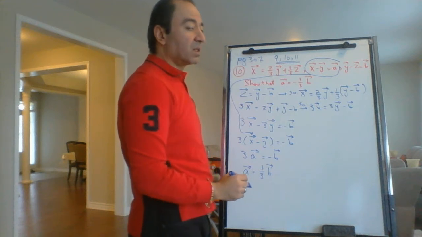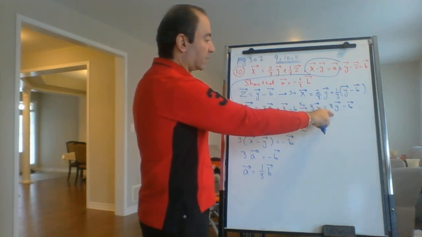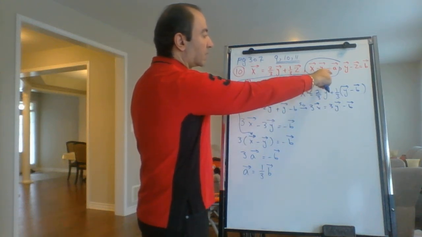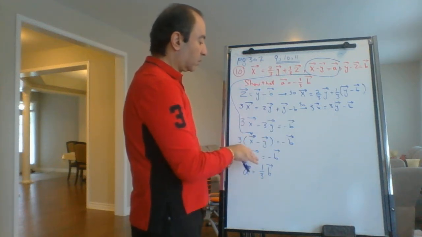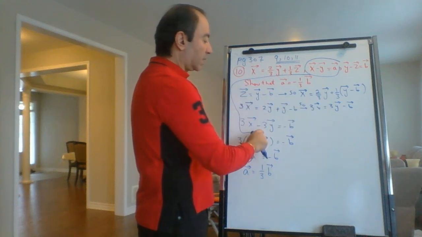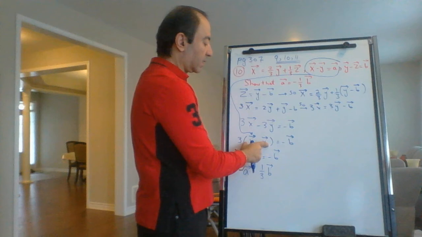There are many other ways you can do this, especially after this step you can take the y and put it in terms of x and a and many other things, but this is the most direct. So I moved the 3y to this side, then I factored the 3 out, that left inside vector x minus vector y.